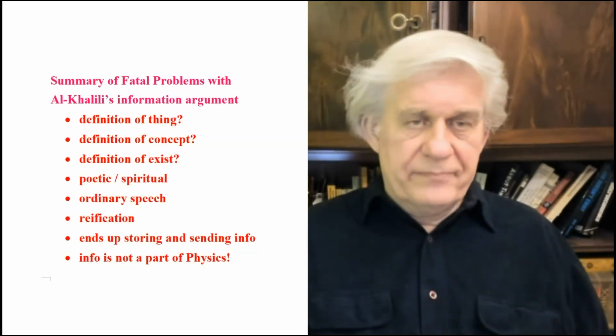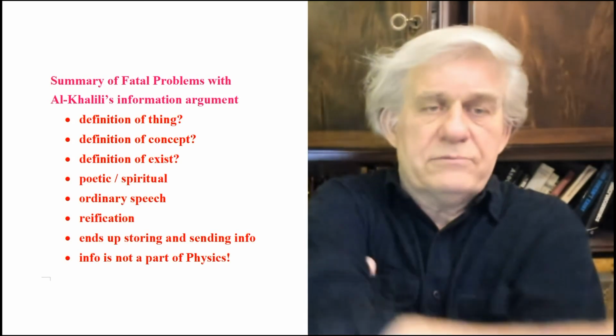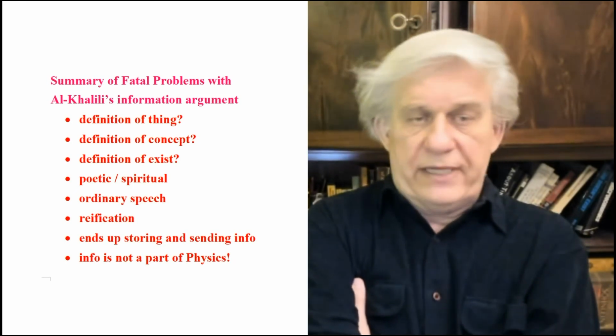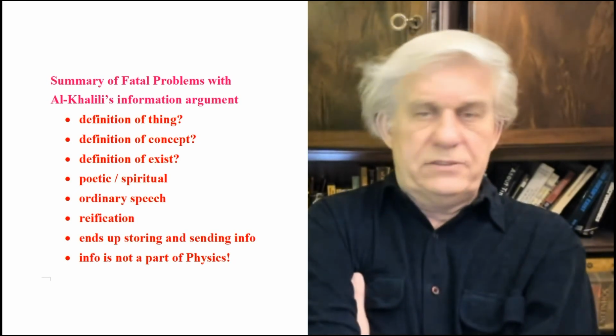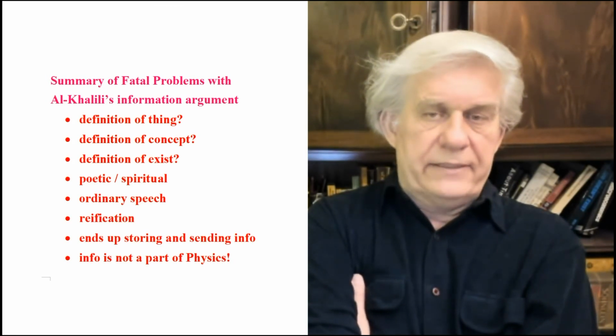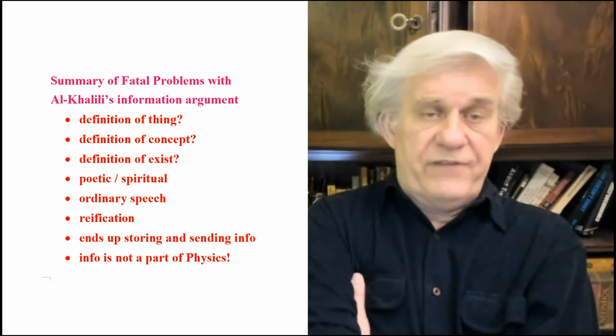Here's the summary. What are the fatal problems with Al-Khalili's information argument? Well, he never defined thing. He never defined concept, and he never defined exist. He uses these words constantly. So we don't know what an object is. We don't know what he means when he says anything or something or body or any of those words that he uses. He never defines what a concept is.